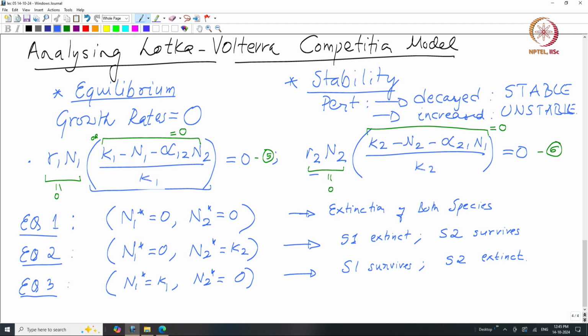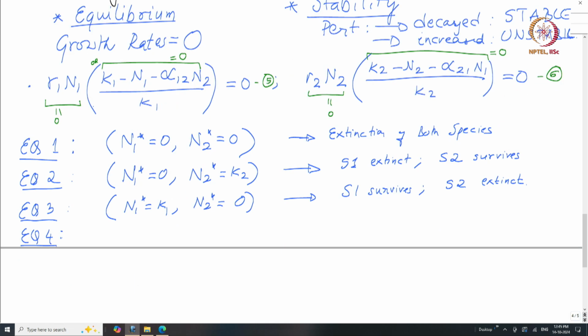Okay. Finally, we can also have an equilibrium where the second part of both the equations is 0. Okay. Now, this requires some effort to figure out. So, what exactly does it mean? The second part of both the equations being 0 means that K1 minus n1 minus alpha 1 2 n2 is equal to 0.